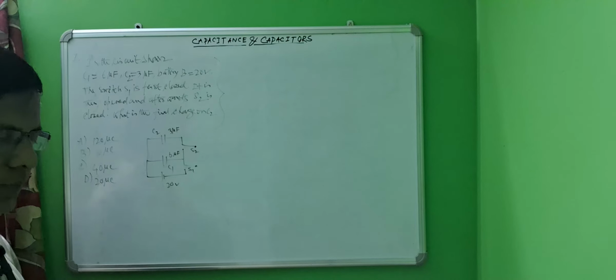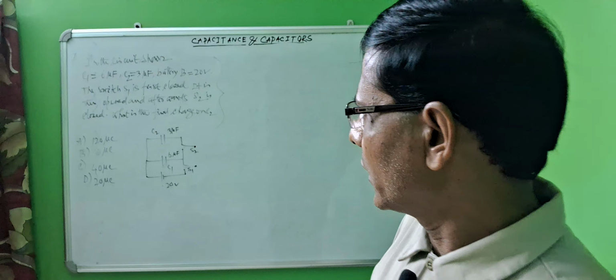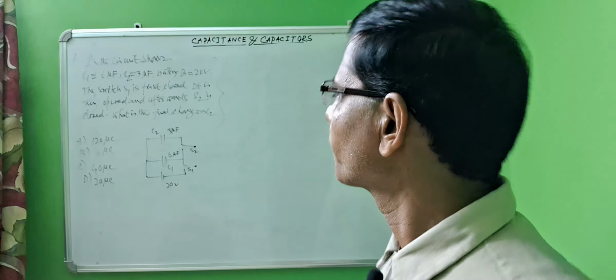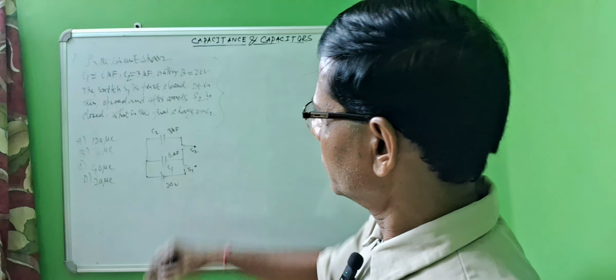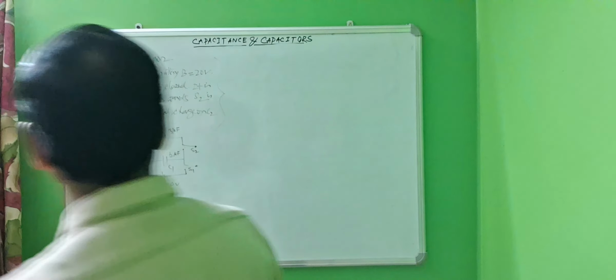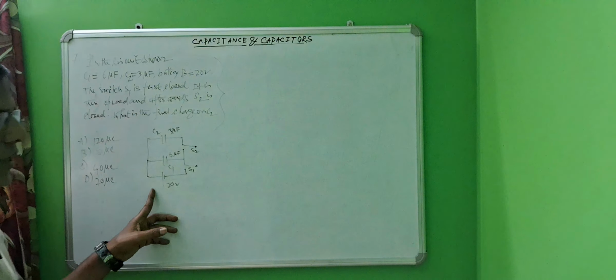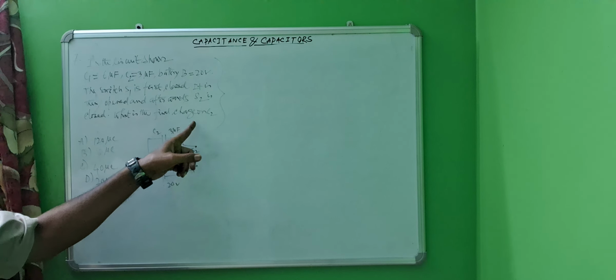This is again a problem of two capacitors and one battery. C1 and C2 are arranged in a parallel combination. We have to find the final charge on C2.